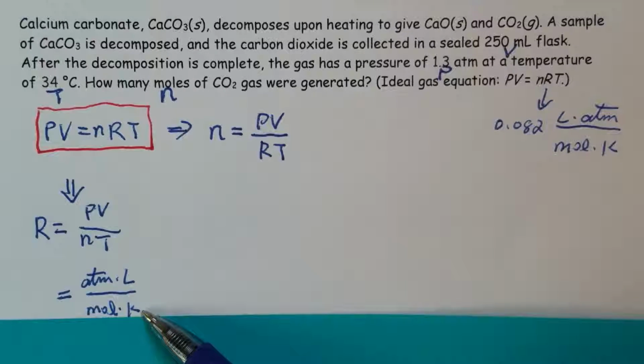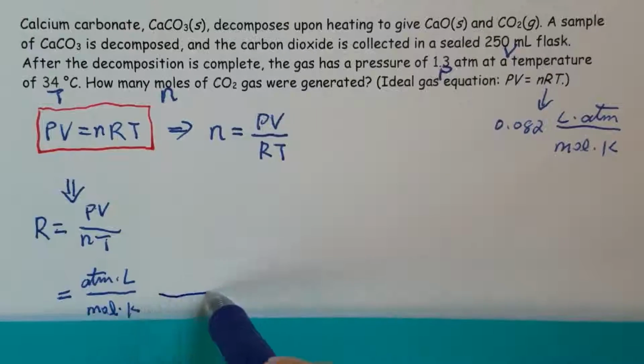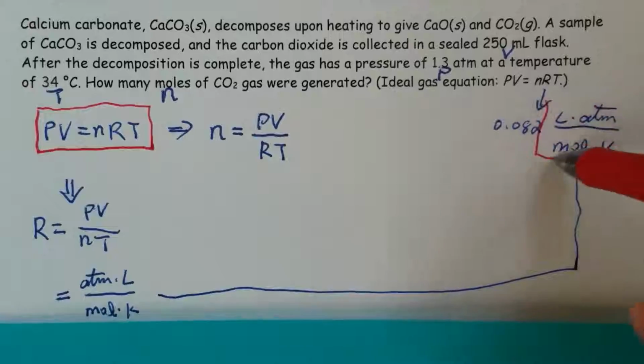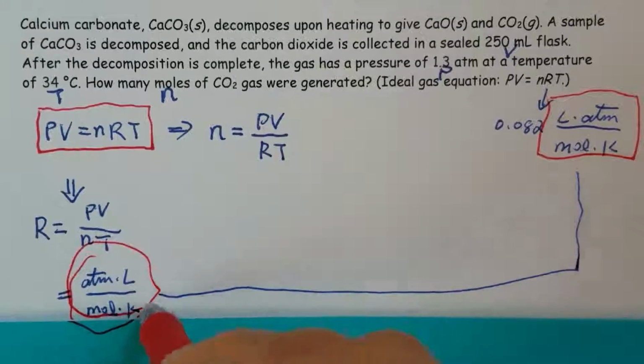So in all of the calculations involving gas law in this chapter, okay? So therefore, actually, this one and this one, they are the same. So that way can help you to get the units right.